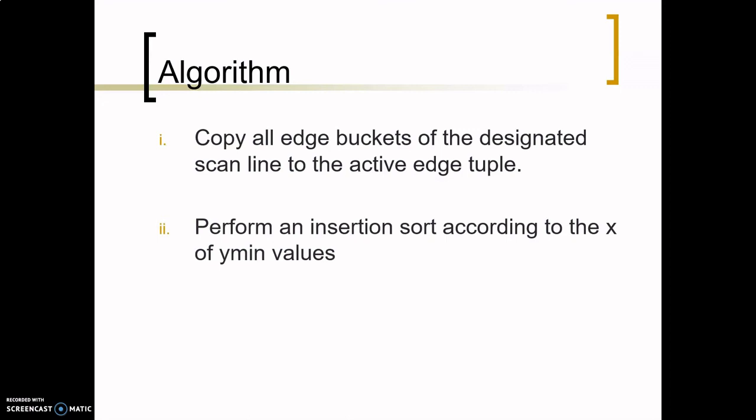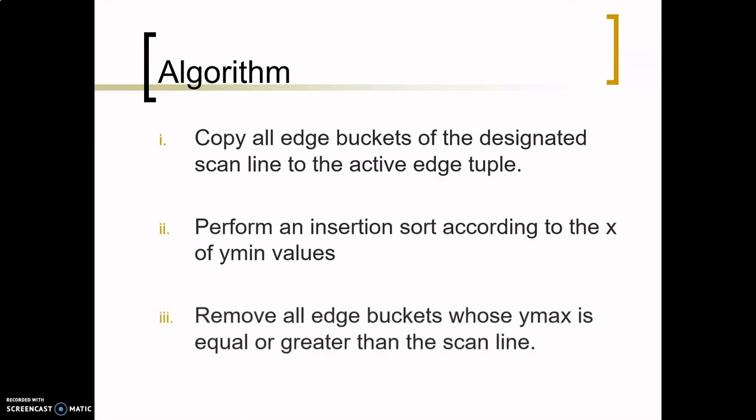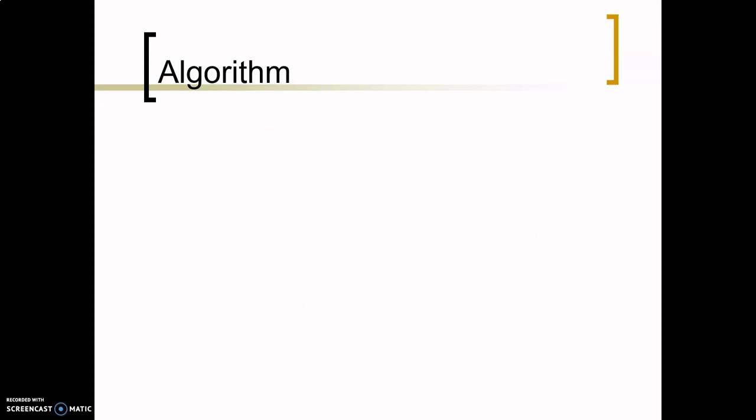Remove all edge buckets whose y max is equal to or greater than the scan line. Why? Because reaching y max means we have finished filling that edge of the polygon.